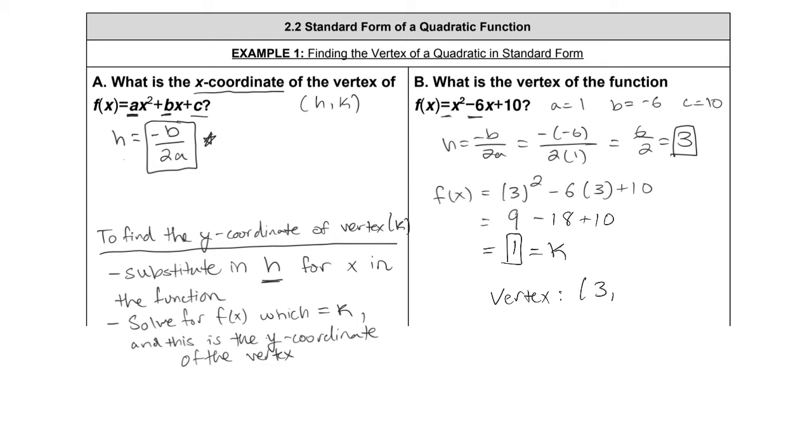So it's 3 comma 1. And that's how we find our vertex. We're going to need to use this for graphing and things like that, because you need your vertex and your axis of symmetry to graph, and then you just need to find one point. And we'll go on with that after this question.